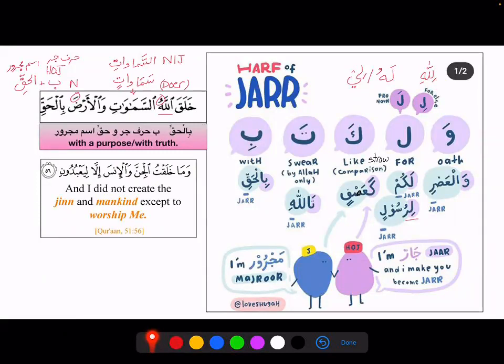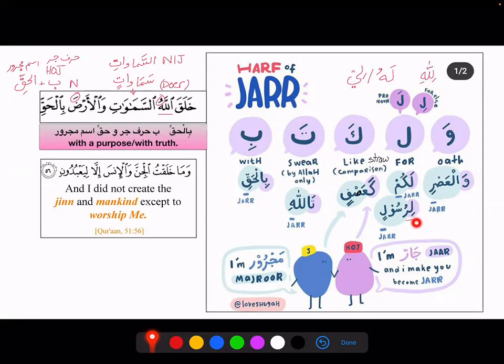So for example, lillahi. I know that this lam is harfu jar and the word Allah is ism majrur over here. Or we say li rasulin, for the rasul. So rasulin is telling me that this li is harfu jar over here.